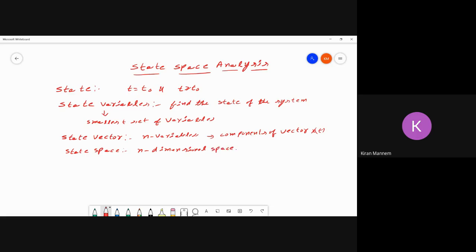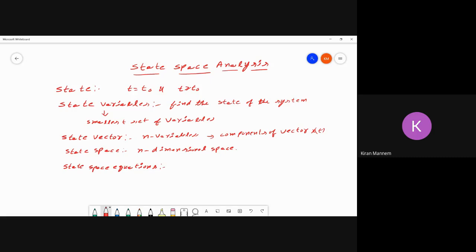Now we have one more definition: state space equations. In the state space analysis, we have n state variables that are involved in the modeling of the dynamic system.